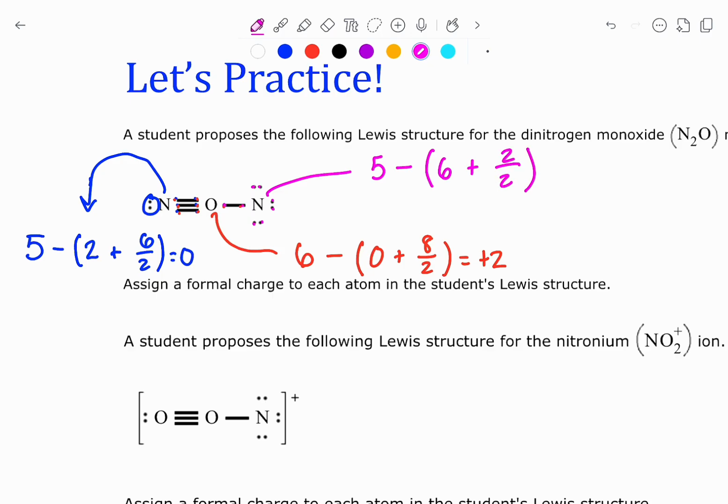So let's see, that ends up being 7 associated, so 5 minus 7 is minus 2. So we would say that this oxygen has a plus 2, and the nitrogen has a minus 2. That other nitrogen has a 0, so we don't show its formal charge. But if I add all those formal charges together, I get a neutral, which my molecule is. It does not have a charge.